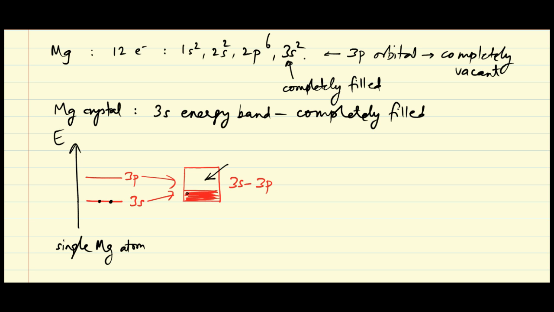And of course you know that the electrons will tend to occupy the lower energy states in the 3s 3p band, but when they are excited either by heat or electrically or otherwise, they can jump to the next higher energy level. In short, there are plenty of available vacant states over here for these electrons to move into, and hence magnesium, like sodium, is a good conductor of electricity.